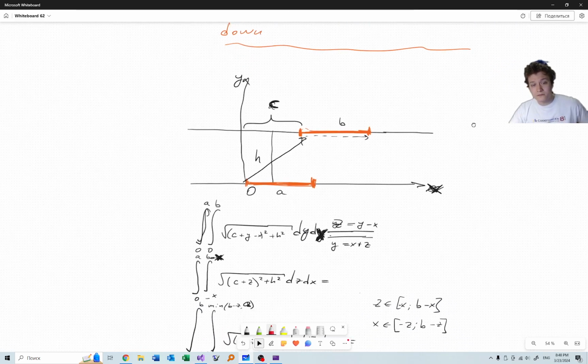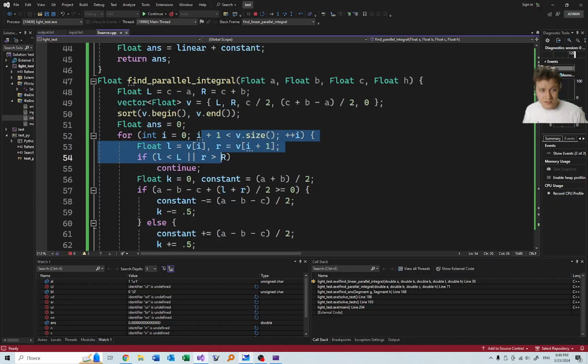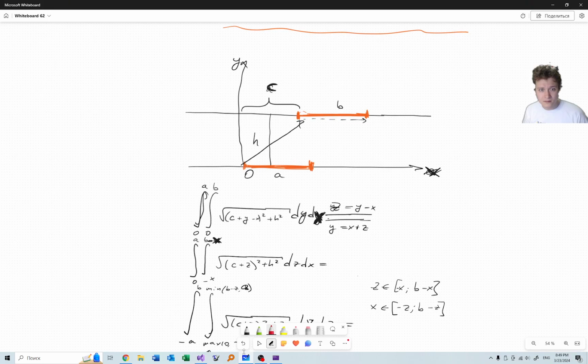Here is the picture. What are all possible vectors? We start with C minus A. Well, it makes sense.